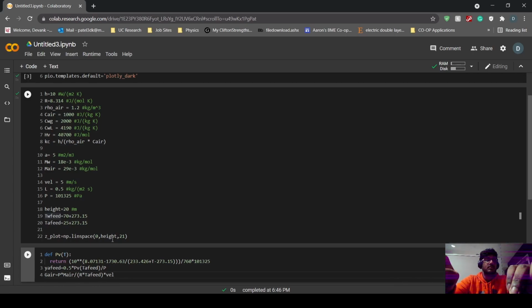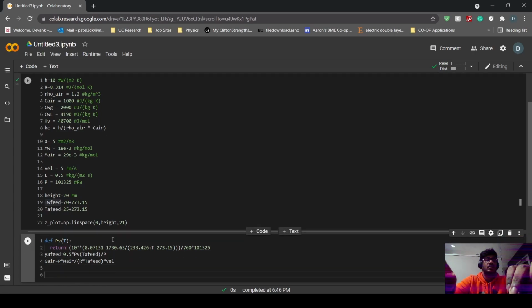And then now what we want to do is go ahead and define our initial guesses for the initial value problem. So we're going to say Y out, and we're just going to define it as a guess. Just to clarify, this is going to be the mole fraction of water in the air, YA feed, times 1.1.